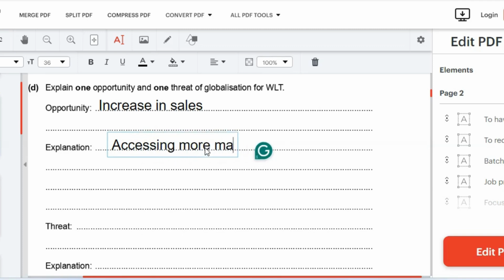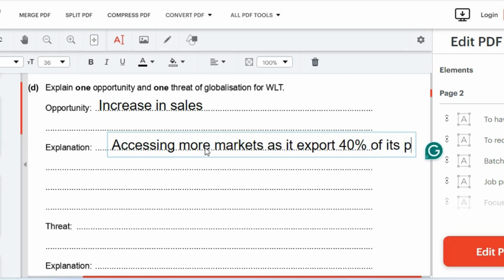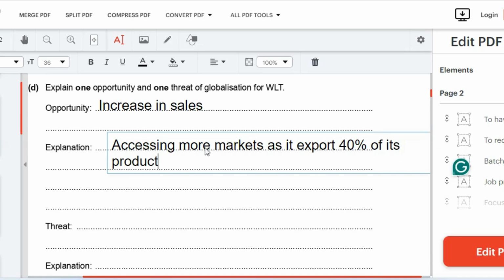Accessing more markets as it exports 40% according to the application of its products will increase the revenue.